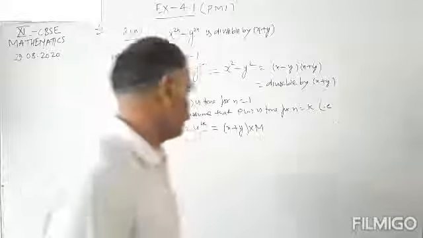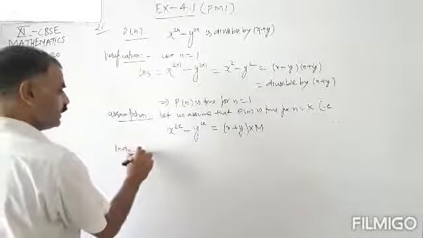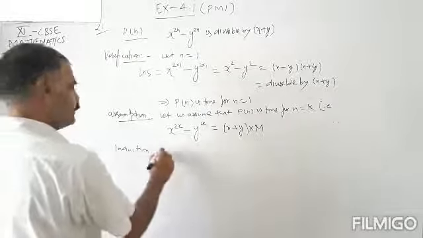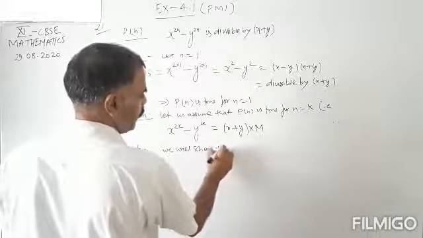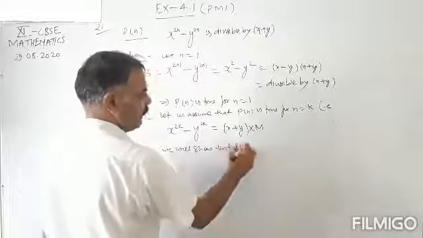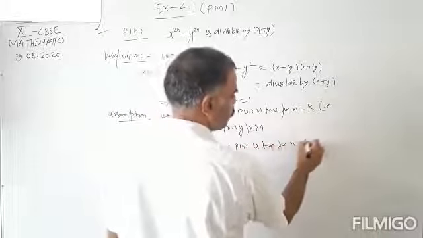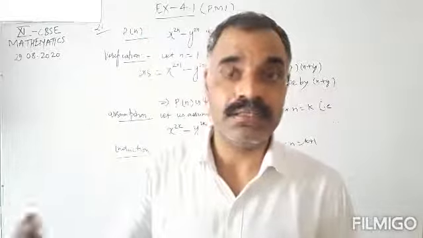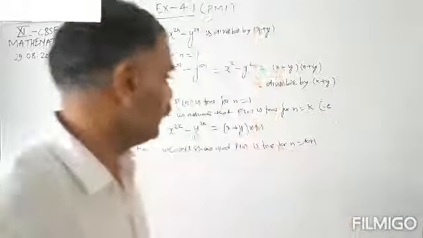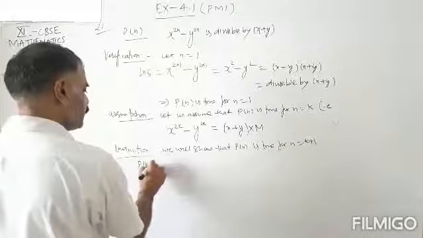Now the induction step. In this step we will show that Pn is true for n equals k plus 1. The given mathematical statement is true for n equals k plus 1, that is, Pk plus 1.